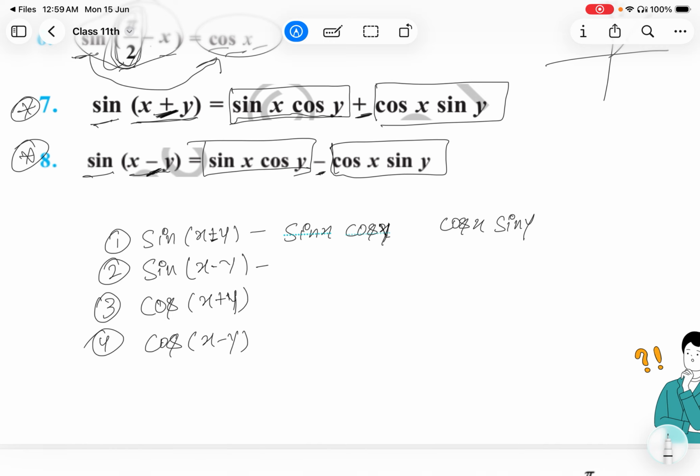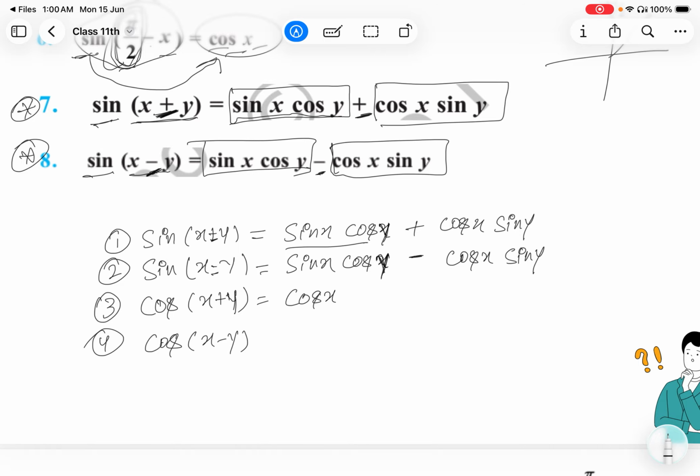If this is the addition, then it will also be added, and if there is a difference, then we will put the negative sign here.